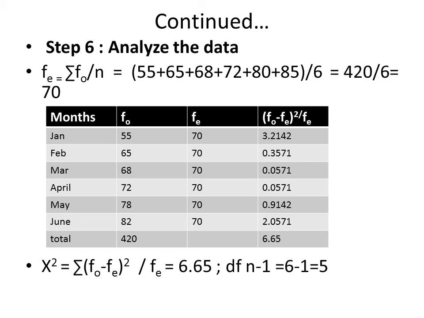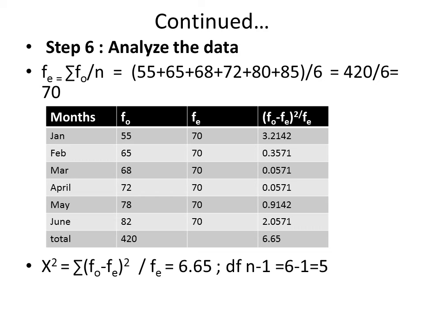Now the fourth column shows (FO minus FE) whole square divided by FE. This is the formula for chi-square. After applying the values in this formula, in the row total, the last column shows 6.65. The summation of the fourth column is your chi-square value at degree of freedom n minus 1, which is equal to 6 minus 1, which is equal to 5.